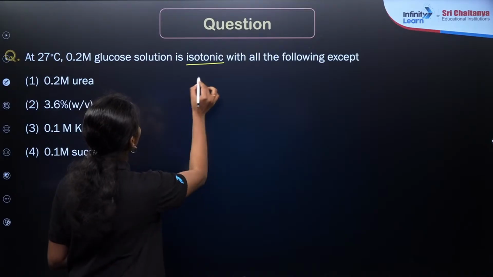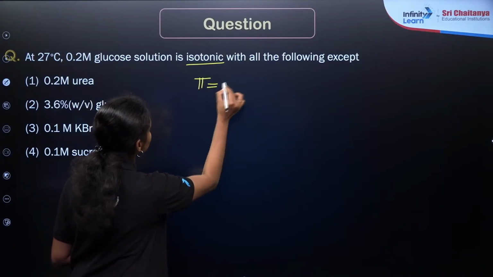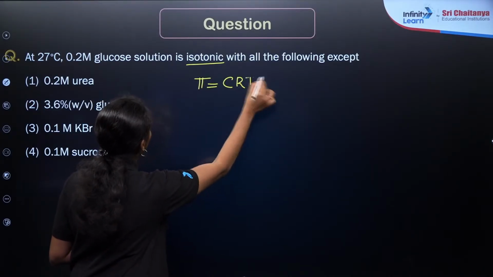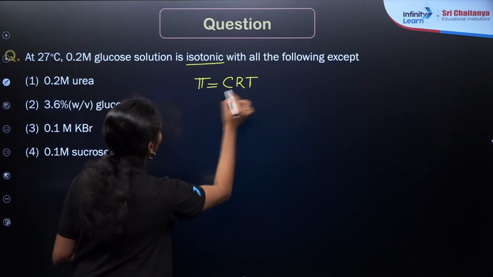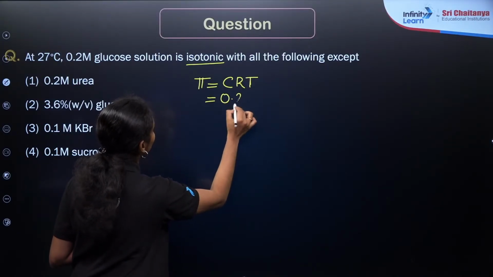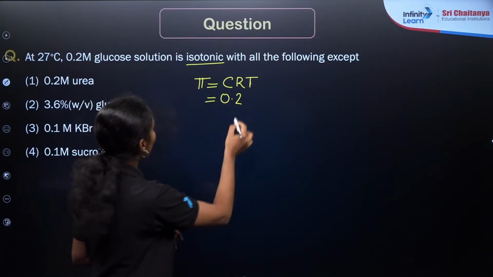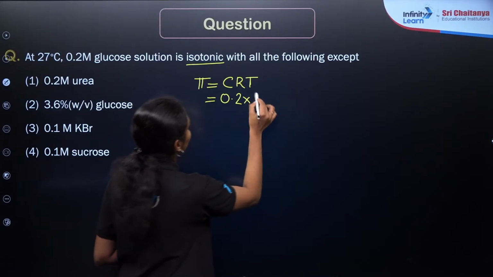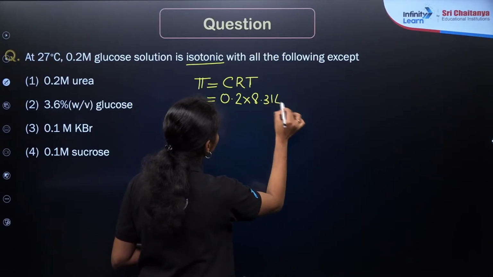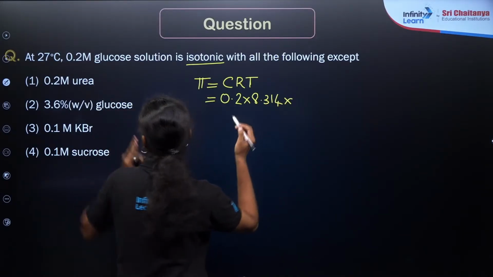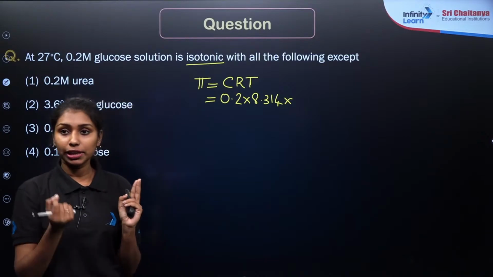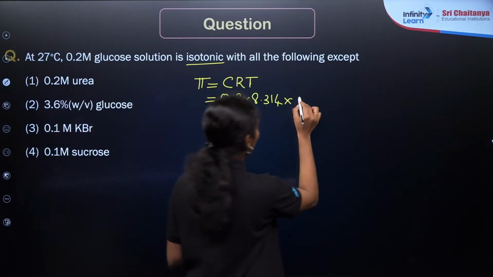So if you are taking the osmotic pressure of the first condition, pi is equal to CRT, where concentration is given as 0.2 molar here, right? R is 8.314, and temperature is given as 27 degrees Celsius. We need to convert it into Kelvin, so it will be 300 Kelvin, right?